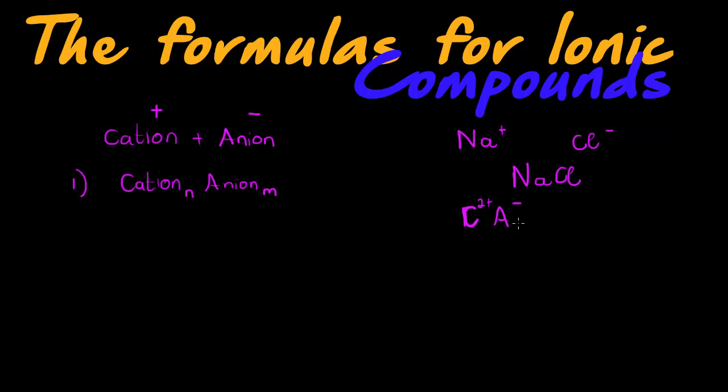Then you will notice that now I need two anions to satisfy the two positive charges, so that in the end I have a neutral charge. So I will have two of these to produce a neutral charge in the end.